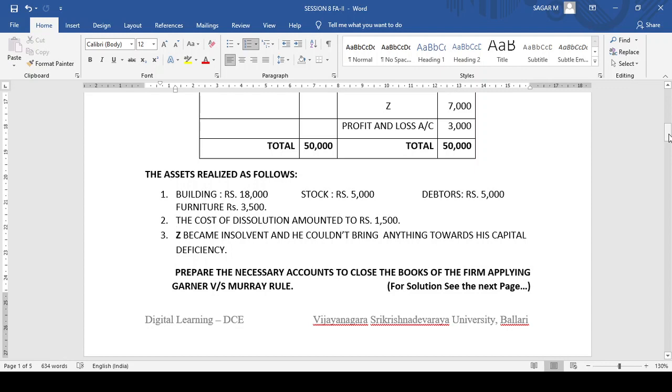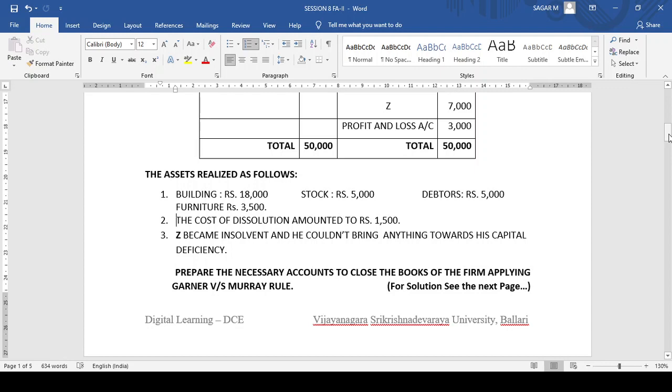The second adjustment is that the cost of dissolution amounted to rupees 1,500. In the third adjustment they are telling that Z became insolvent and he couldn't bring anything towards his capital deficiency. Prepare the necessary accounts to close the books of the firm applying Garner versus Murray rule.